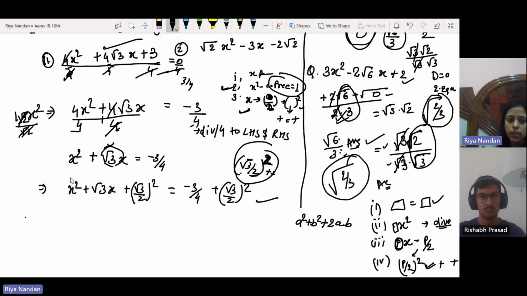So here we can say this is a square, this is b square, and we want the 2ab. For this, because we have this a also, we just multiply and divide by 2 and 2. Now we are getting this 2a and b. This is b, right? This is b square, this is b.